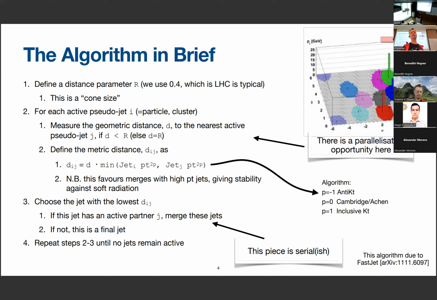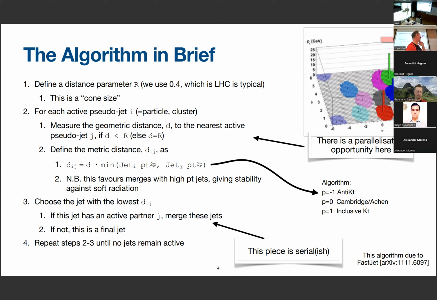When you pick p equals -1, you get the anti-kT clustering algorithm. Other choices used historically in particle physics are p equals 0 and p equals 1. But p equals -1 favors merging high pT particles first, and this is what makes it robust against soft radiation, because you do all of the high energy pieces first, and only then do you cluster in the lowest energy particles.